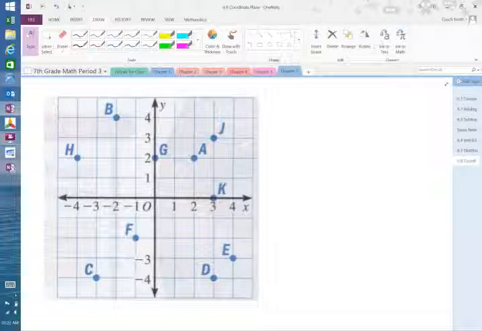So, on problem number 7, it says, name the ordered pair that represents the point. So here, you don't have to put the quadrant, you just have to put the ordered pair. Now look down to the next section. Look at 17 through 24. You have to plot the point and describe its location.